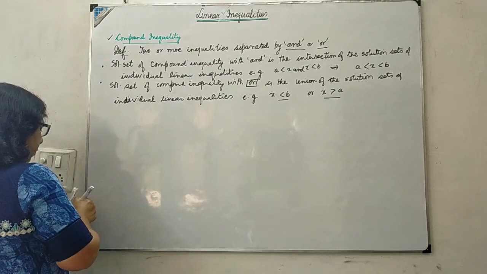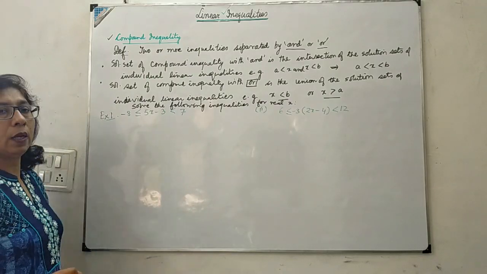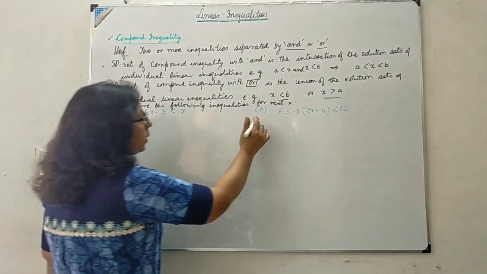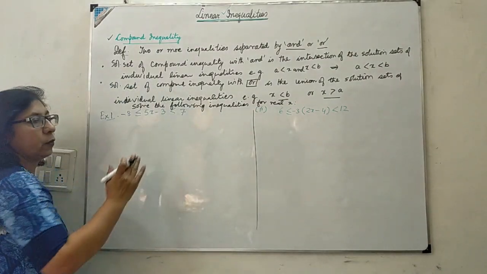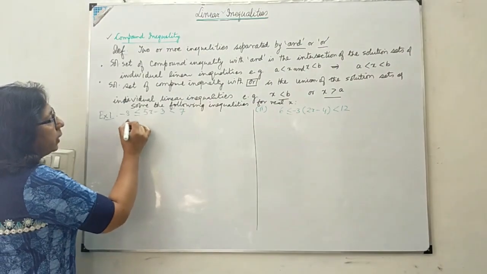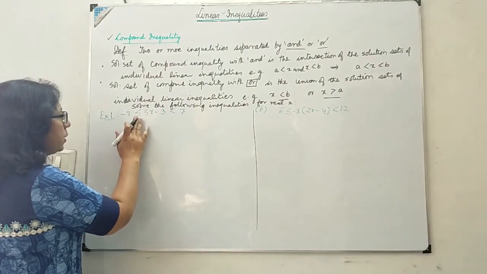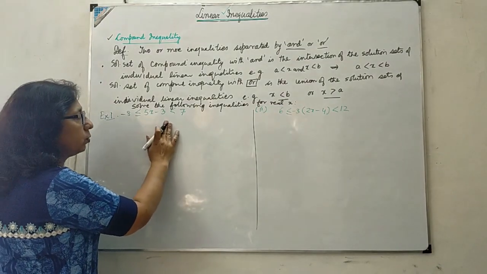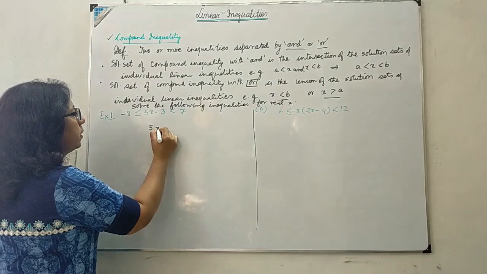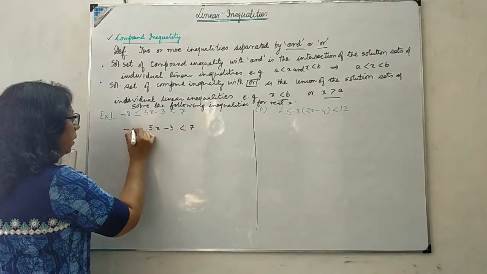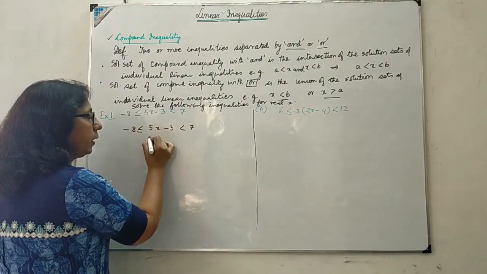I'll take some examples now to show how to solve a compound inequality. There we have minus 8 less than or equal to 5x minus 3, less than 7. We can solve it simultaneously to convert it into x.